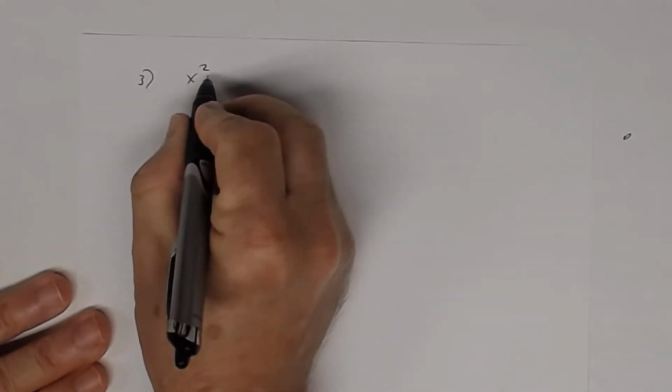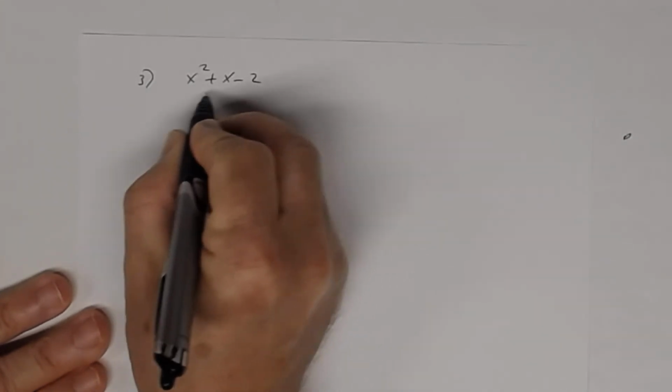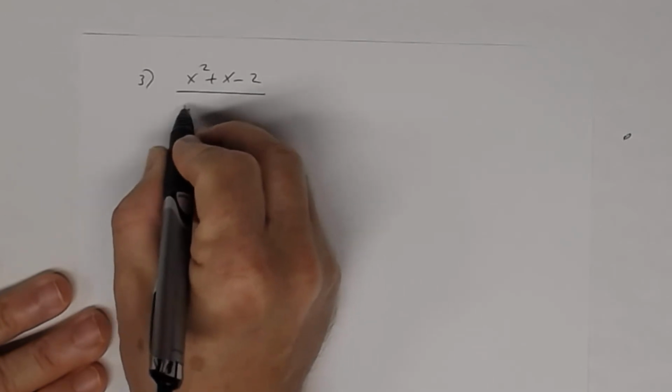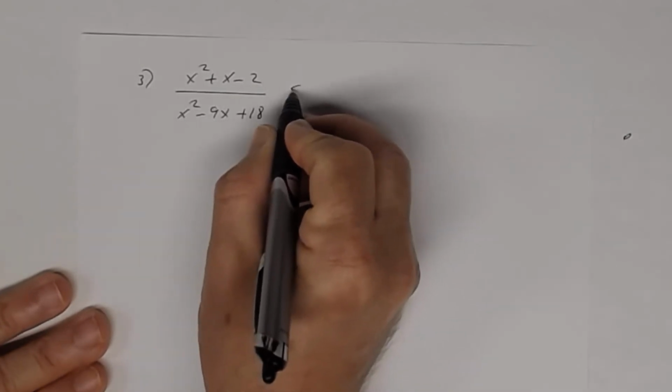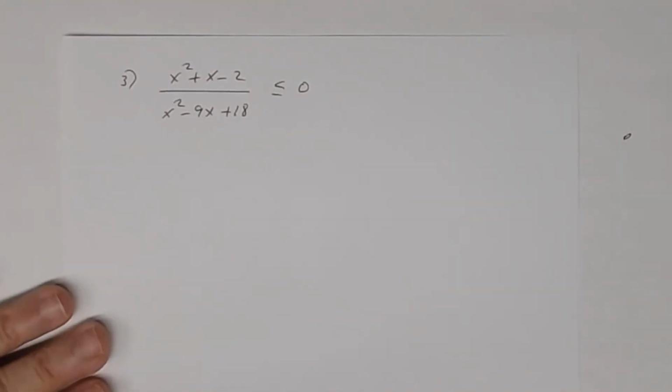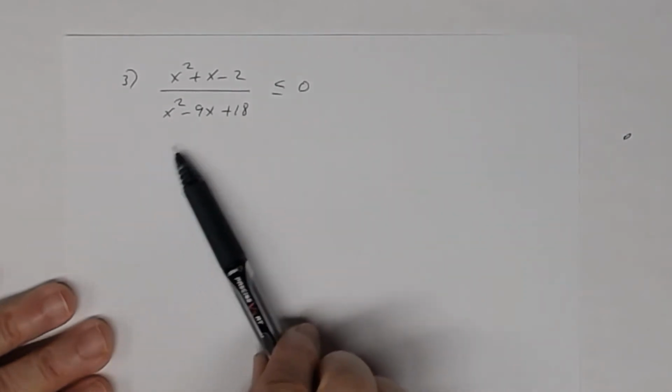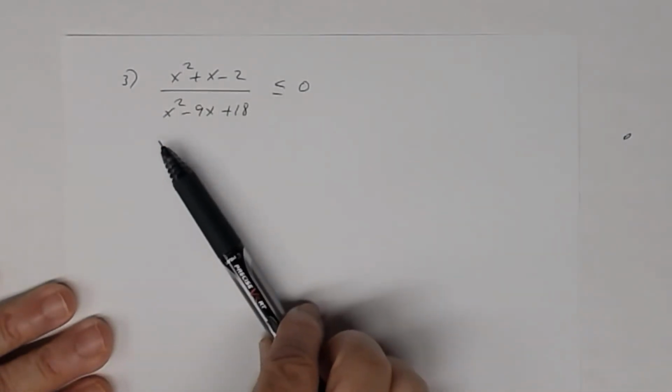We have x squared plus x minus 2 divided by x squared minus 9x plus 18 is less than or equal to 0. There's an equal sign here. All right, so again, we're trying to find the solutions to this inequality.